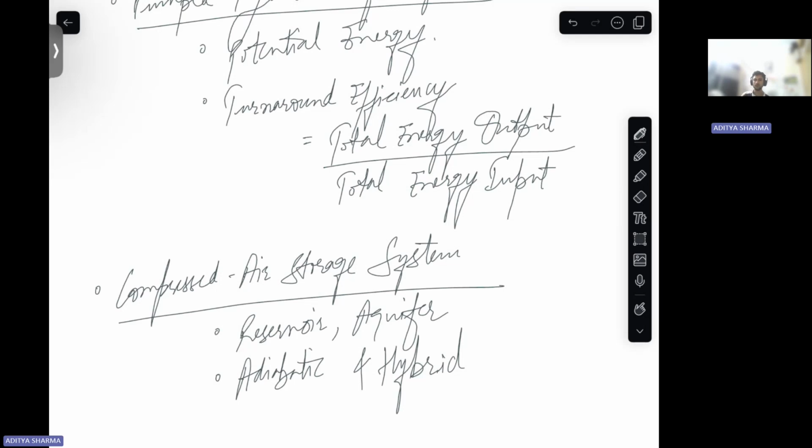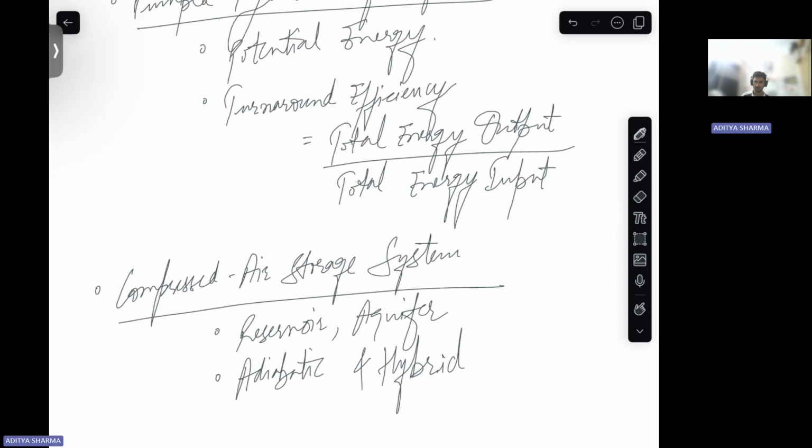If you are not saving this heat, then during expansion, you'll have to give heat to this air by some external source. In that scenario, this whole system becomes a hybrid system. And if you are saving your heat from compression, then it's your former case. I hope this is clear.